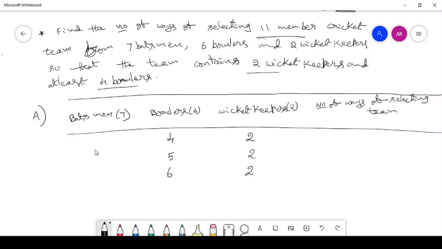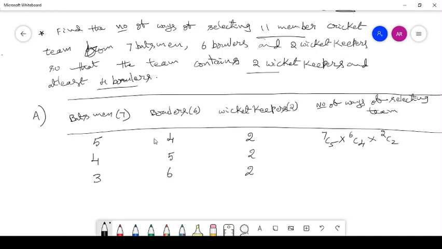A cricket team has 11 members in total, so how many batsmen will come? 4 plus 2 is 6, 11 minus 6 is 5. Next, 5 plus 2 is 7, 11 minus 7 is 4. Next, 6 plus 2 is 8, 11 minus 8 is 3. The number of ways of selecting the team: 5 batsmen out of 7 is 7C5, into 4 bowlers out of 6, 6C4, into 2 wicket keepers out of 2, 2C2.